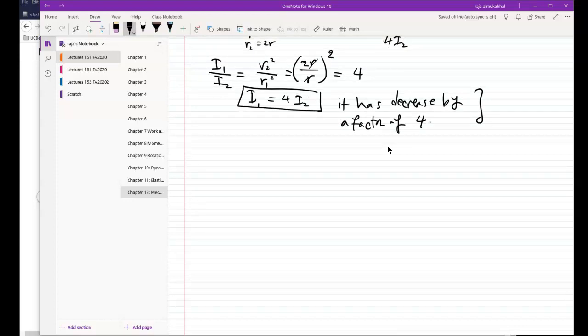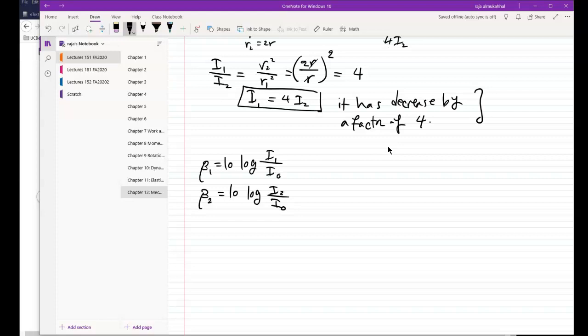At position R1, we had beta 1 equals 10 log I1 over I0. And at position 2, we had beta 2 equals 10 log I2 over I0. Now the question is, how do they compare with each other?